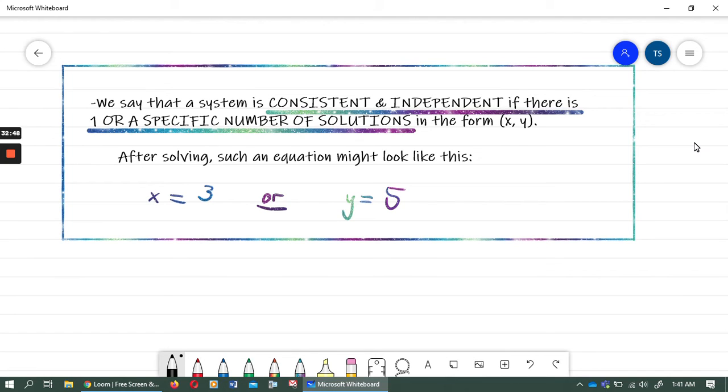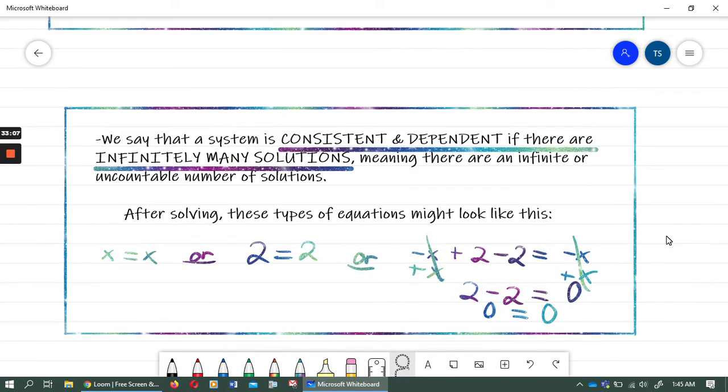Each example that we've solved so far has been consistent and independent. So it could look something like x equals 3 or something like y equals 5, right? Great. Next thing coming up in just a moment.